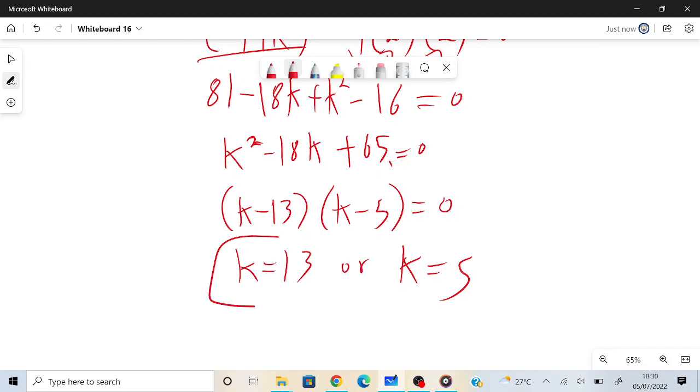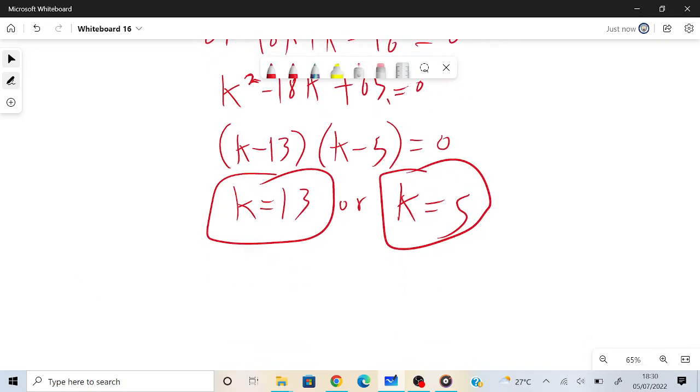Now if I want, I can test these values, because as I said for the previous example, you should test the values you get at the end. But since the discriminant is equal to 0, I know that these are the correct answers because I am getting equal to a value.